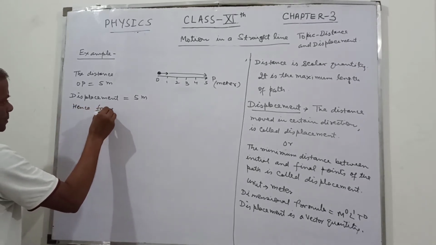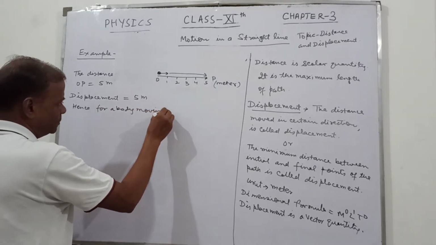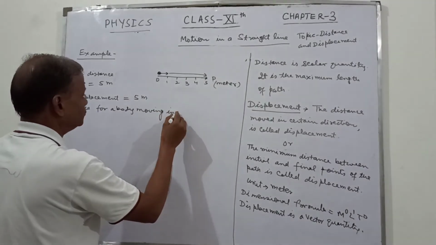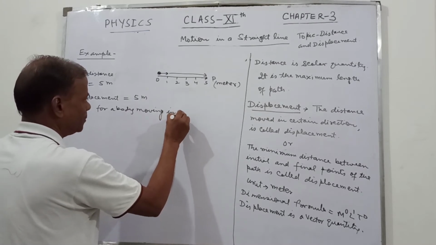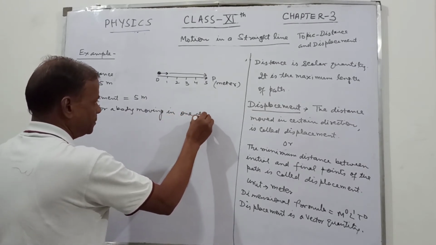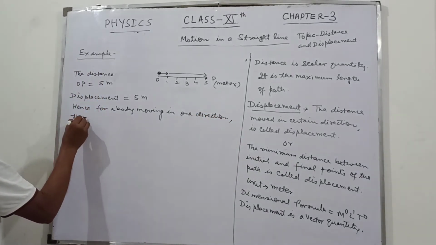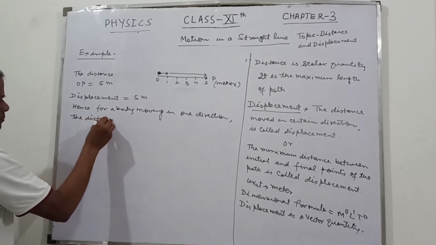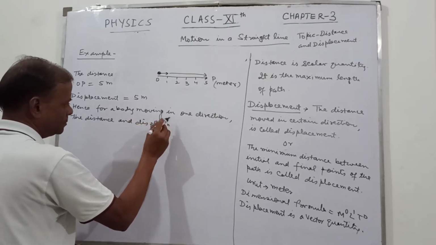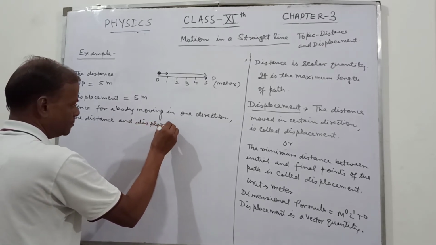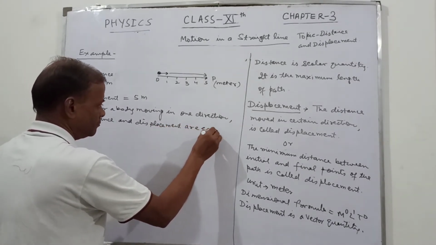Hence, for a body moving in one direction, the distance and displacement are equal.